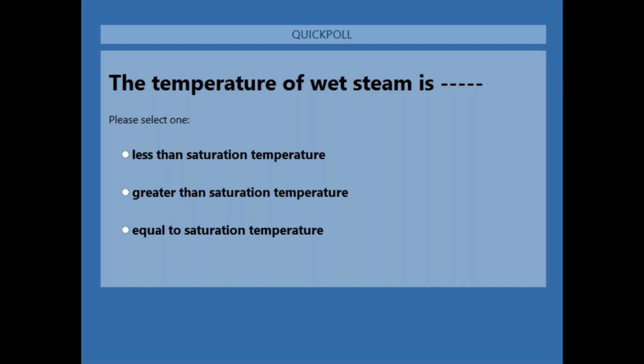So the temperature of saturated water, wet steam, and dry saturated steam are all equal, and that temperature is obviously equal to saturation temperature. Okay. So only 30% of the students have got this right.